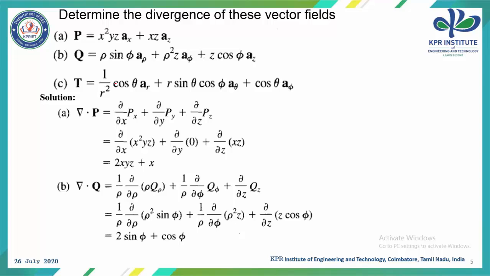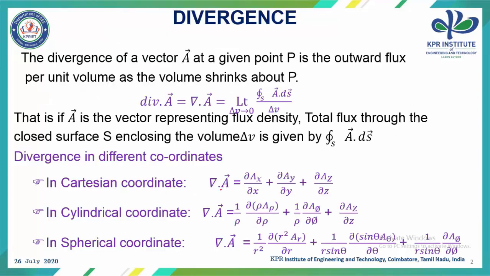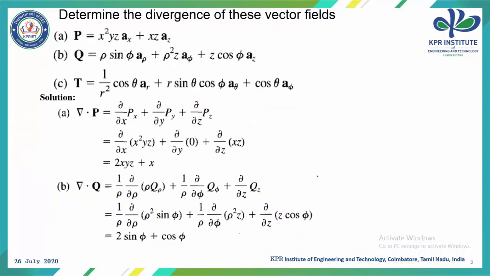Now what is the formula for divergence in Cartesian coordinates? Del dot A equal to dou by dou x of Ax plus dou by dou y of Ay plus dou by dou z of Az. Here, instead of the vector A, the given vector is P. So del dot P equal to dou by dou x of Px plus dou by dou y of Py plus dou by dou z of Pz.